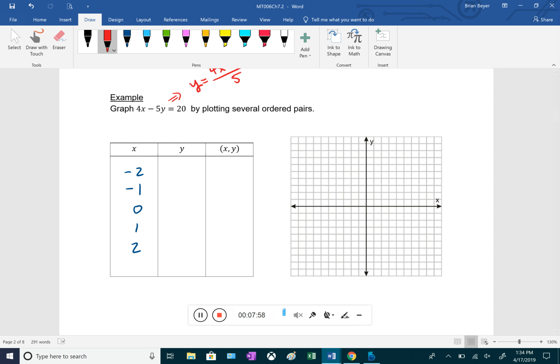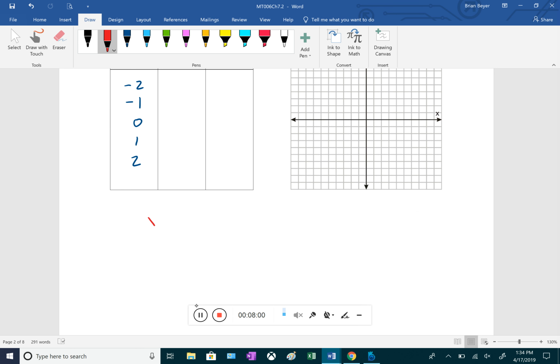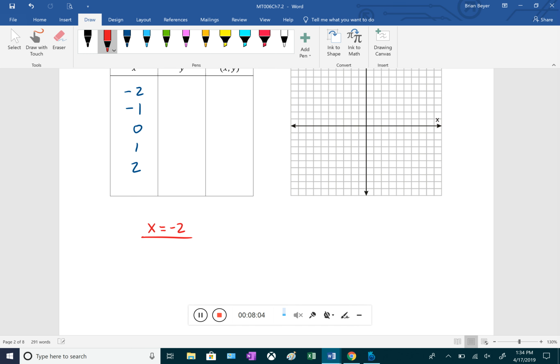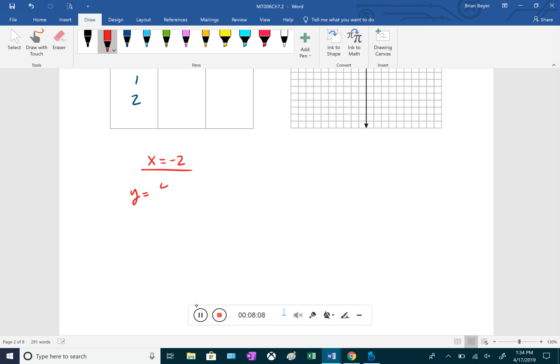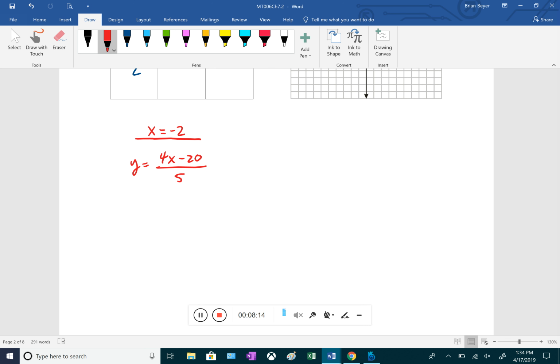So now we can just plug in these values for x and find their y value. I'm just going to do 2 of them because it's pretty similar to what we just did. For x equals -2, using this formula, y equals 4x minus 20 over 5. Plugging in the -2, 4 times -2 minus 20 over 5.